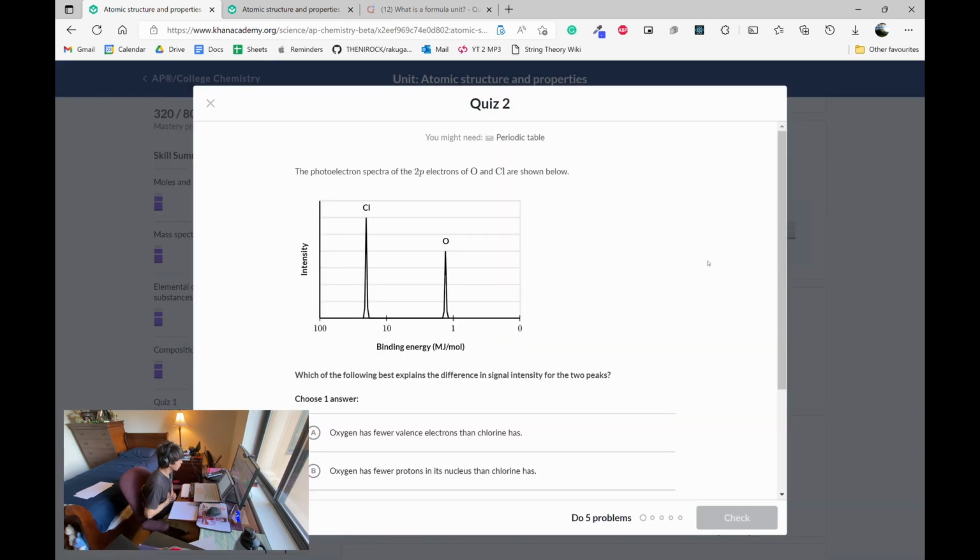Okay, photoelectron spectra of the 2p electrons of oxygen and chlorine are shown below. Which of the following best explains the difference in signal intensity for the 2 peaks?